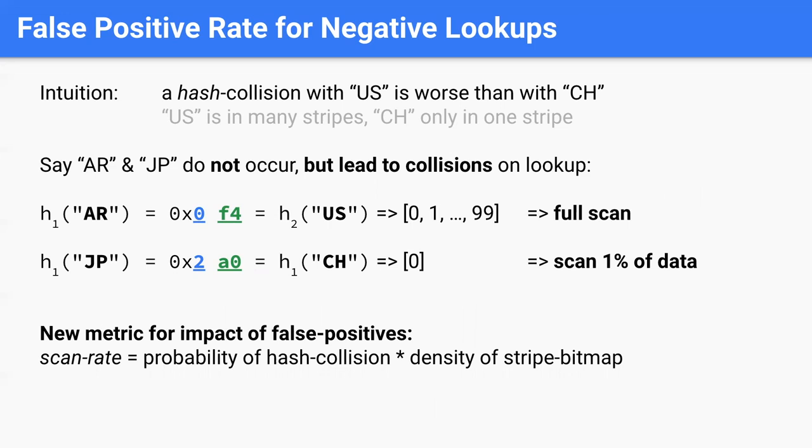For example, a collision with US in this example, which is associated with a dense bitmap, is worse than a collision with CH, which maps to a sparse bitmap. We hence devised the heuristic that considers both the probability of a hash collision and the density of the associated bitmap to control the overall false positive rate of the filter.